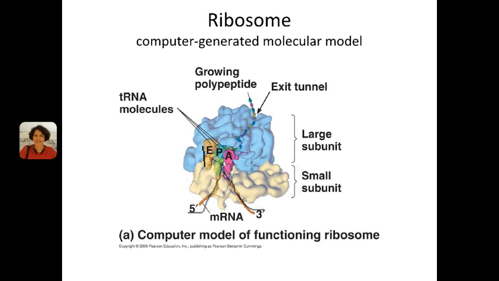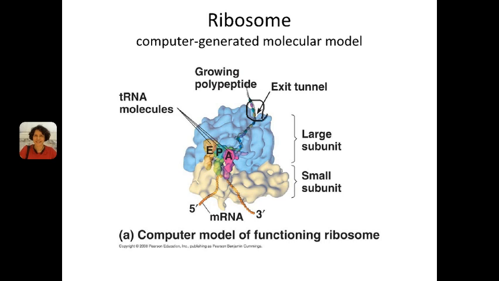The three binding sites for transfer RNAs are here, and we actually have 3 transfer RNAs occupying those binding sites. Remember, the E site, the P site, and the A site. Notice that there is this set of blue beads coming out, and that's the polypeptide. Each little bead represents an amino acid coming out of the exit tunnel of the ribosome.